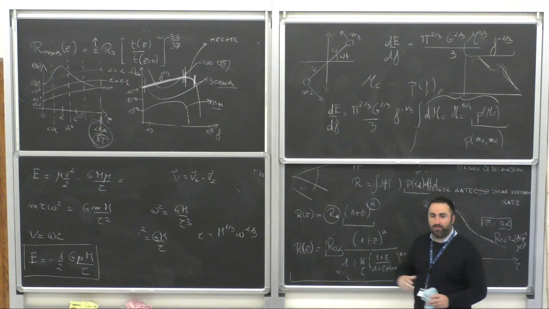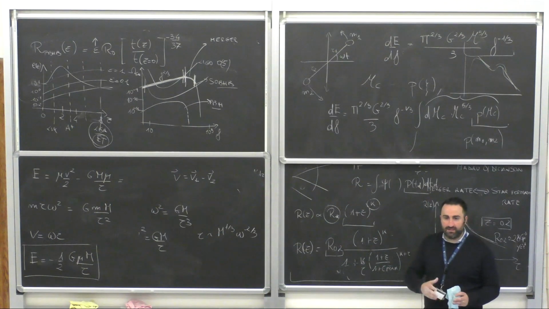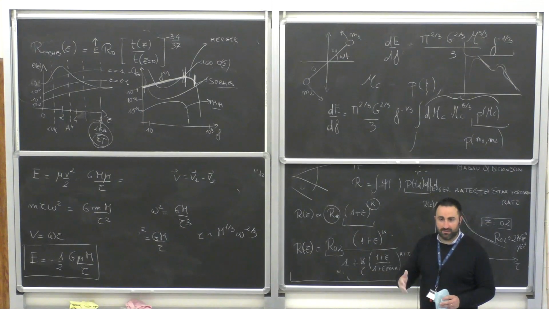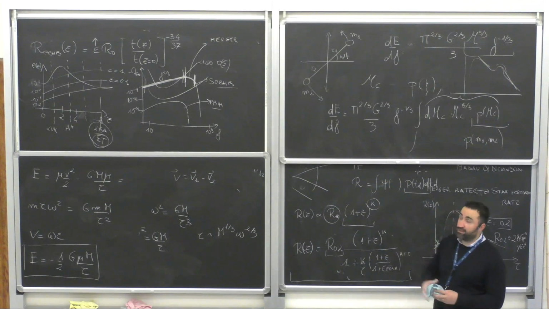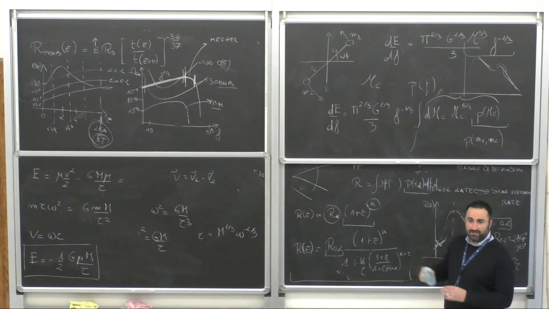Of course, you have to sum all the signal: the spiral part, the merger part, and also the last part. The one that we have under control analytically is the spiral part, right?